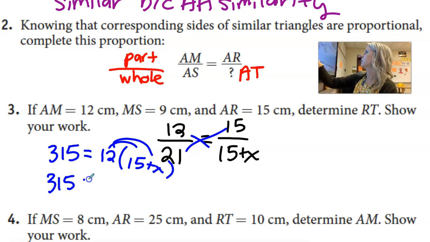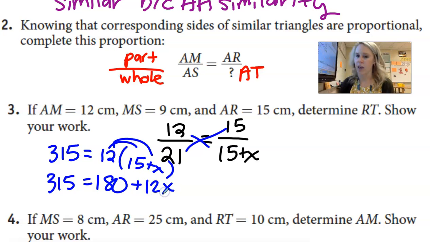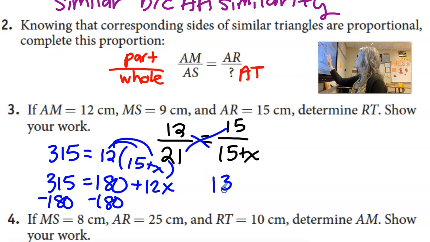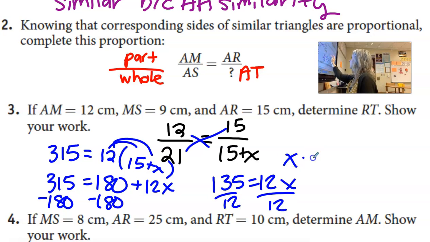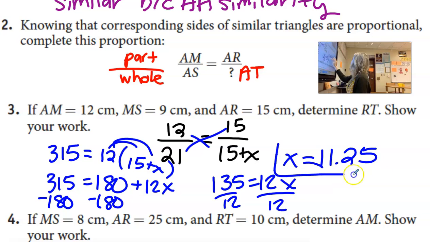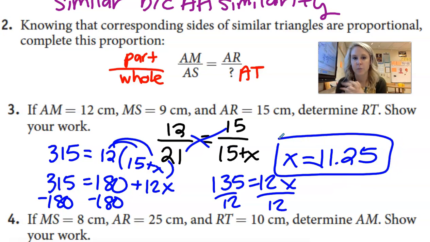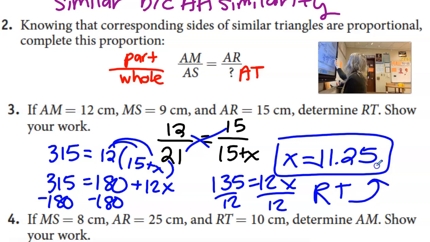So 315 equals 180 plus 12 times x, which is 12x. Subtract 180 on both sides. 135 equals 12x. Divided by 12, x equals 11.25. Okay, and so that would be the length of RT. So RT is 11.25 centimeters.